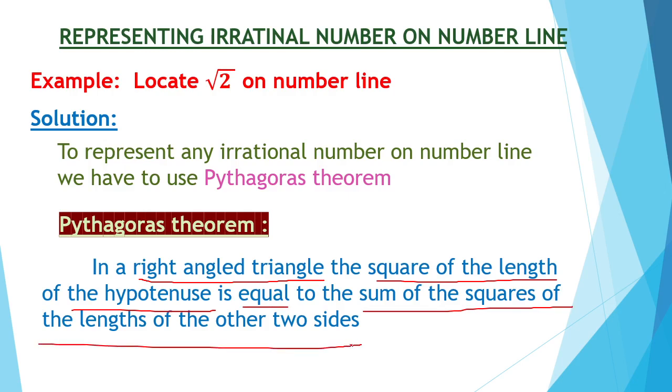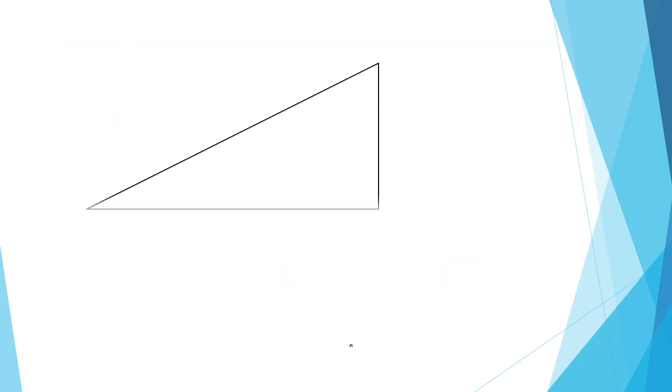Let us discuss in the diagram. See there, this is a right angle triangle. Here is the right angle triangle, and this is the symbol of right angle.